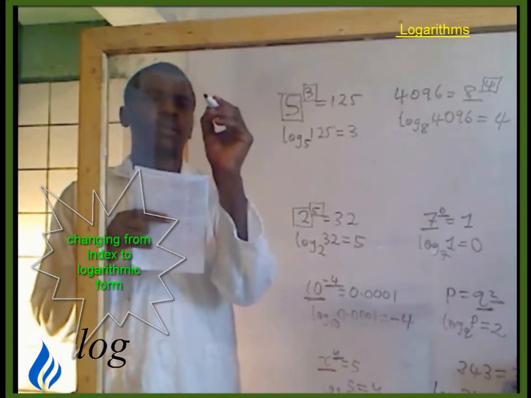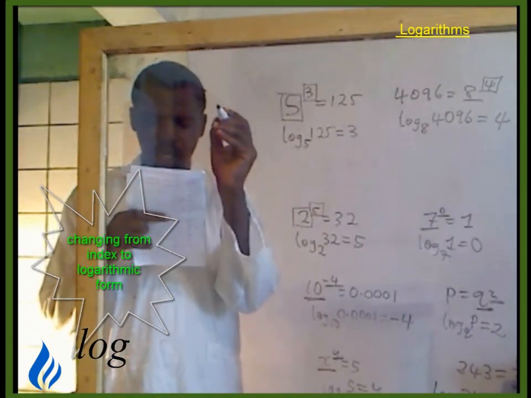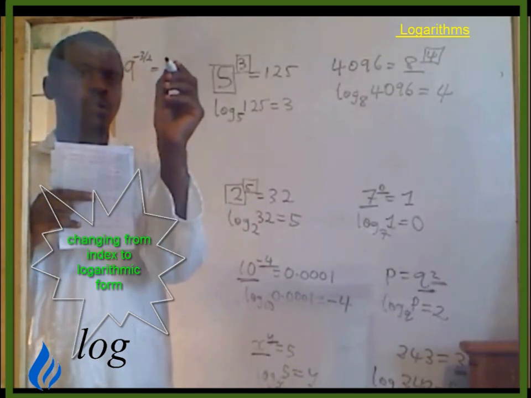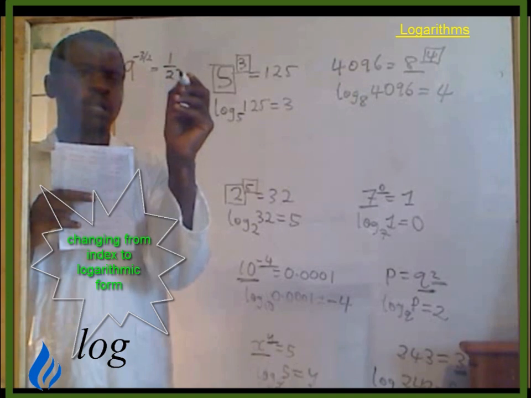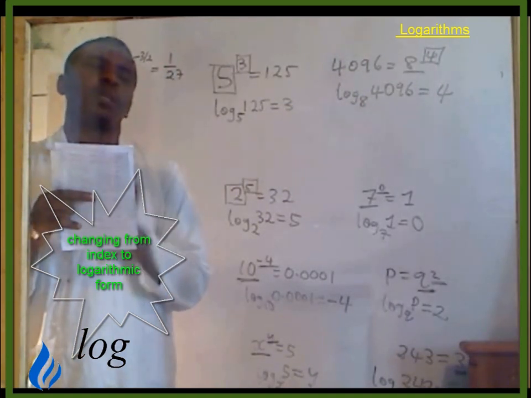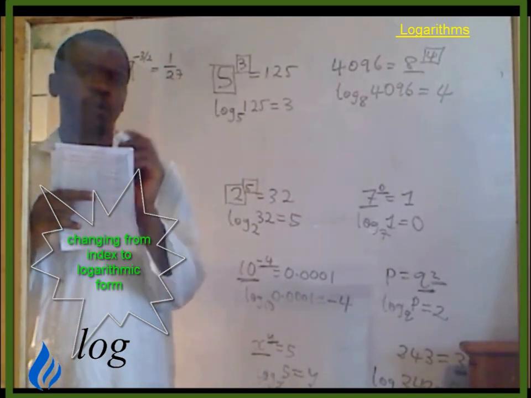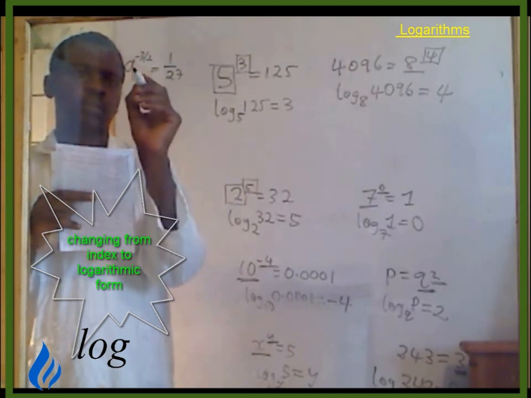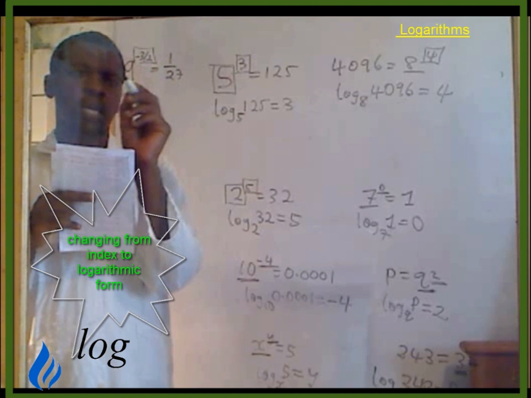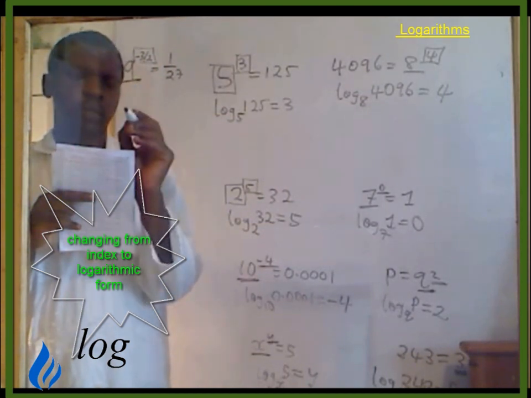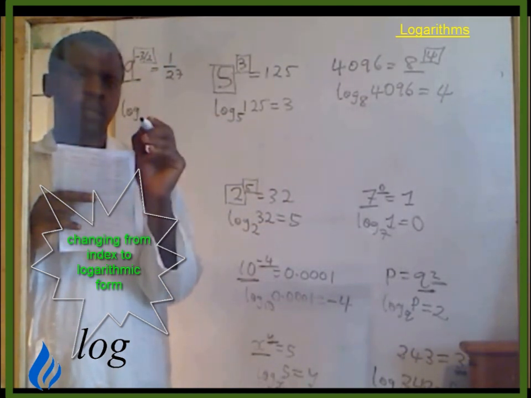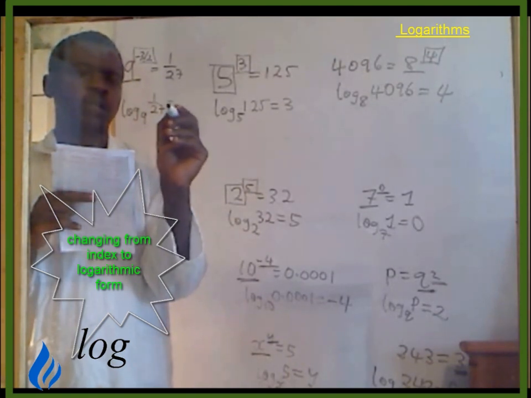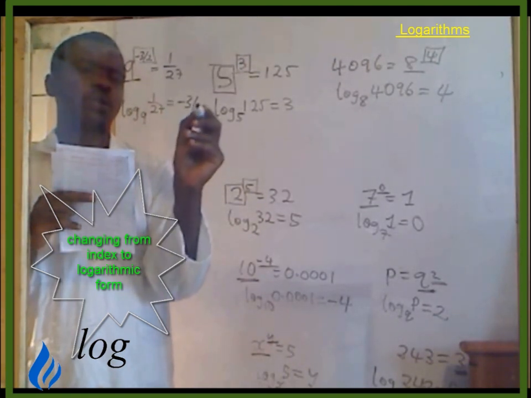Let's look at these ones. 9 raised to the power minus 3 over 2 is equal to 1 over 27. Let's write this in logarithmic form. This is the index and this is the base. So we say log base 9 of 1 over 27 is equal to minus 3 over 2.